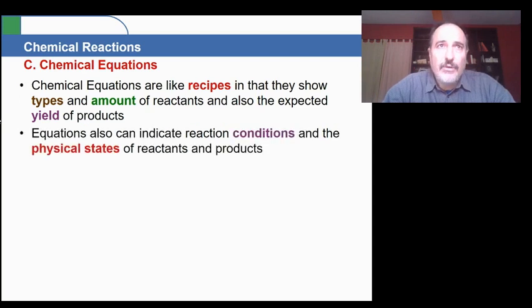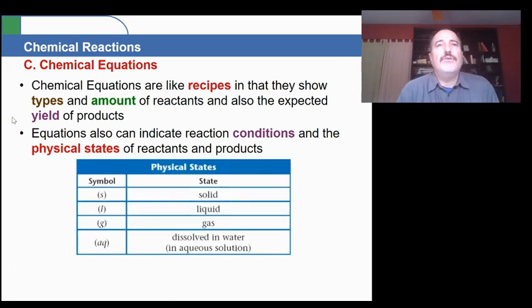So equations can also indicate the reaction conditions and the physical states of the reactants and products. Some reactions do not occur unless you also add heat. Some reactions need certain conditions to be met.